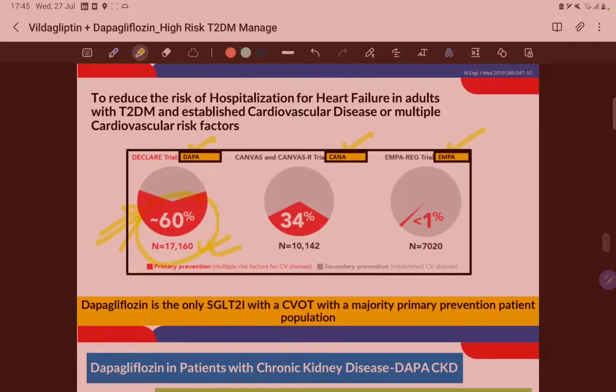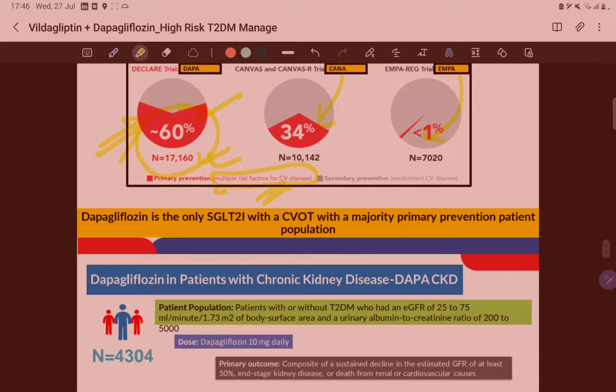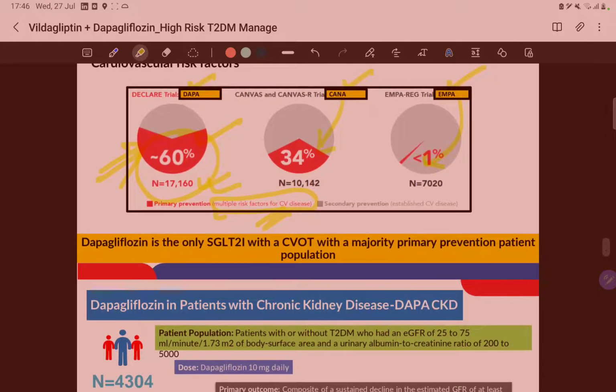In the primary prevention, with multiple risk factors for cardiovascular disease, a 60% reduction is seen with dapagliflozin, while with canagliflozin it was only 34%, and empagliflozin has nearly nil. Dapagliflozin is the only SGLT2 inhibitor with a CVOT with a majority primary prevention patient population.